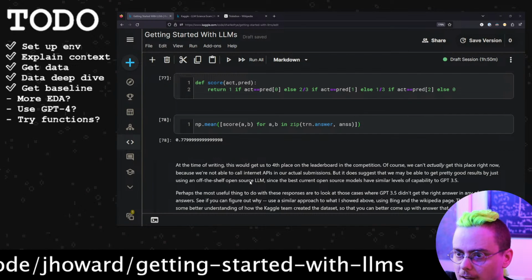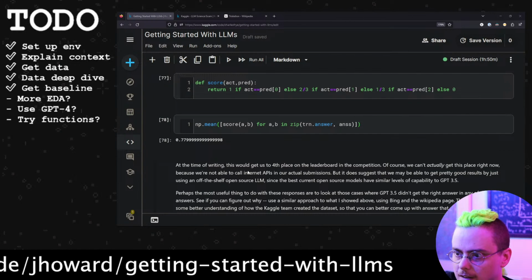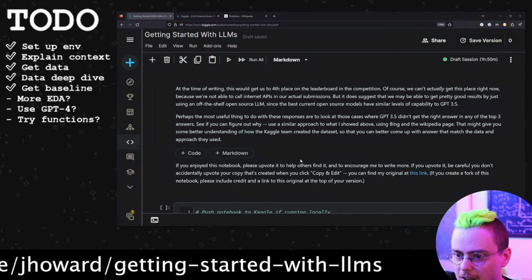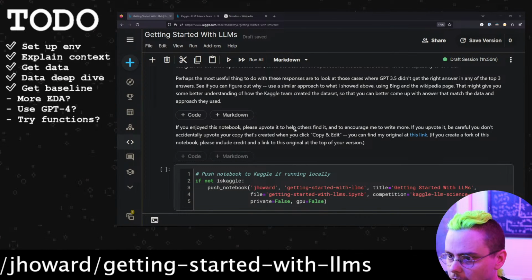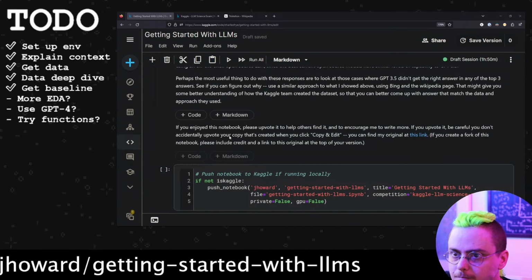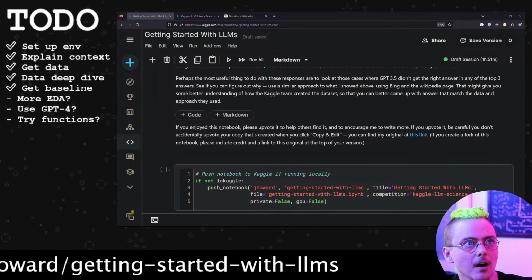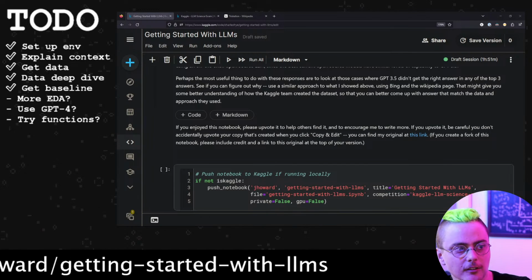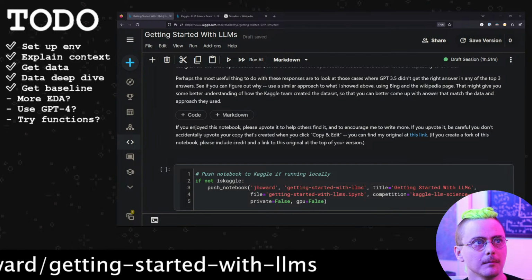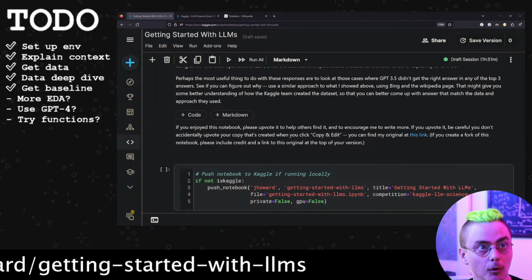All right, so we've got our baseline here. We've made it through down to basically the bottom of the notebook here. So at this point, we can take a couple of different directions. We could do more exploratory data analysis.